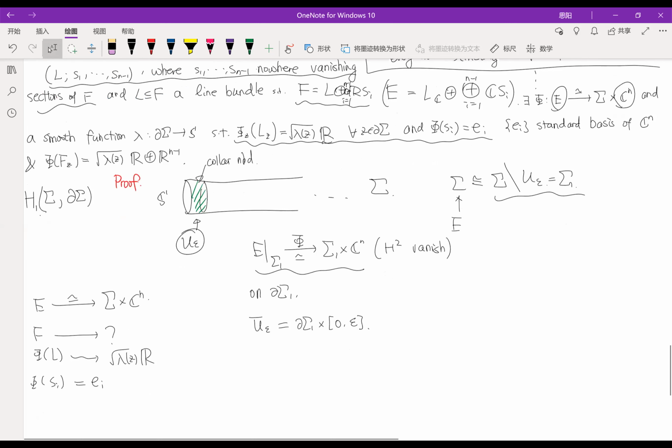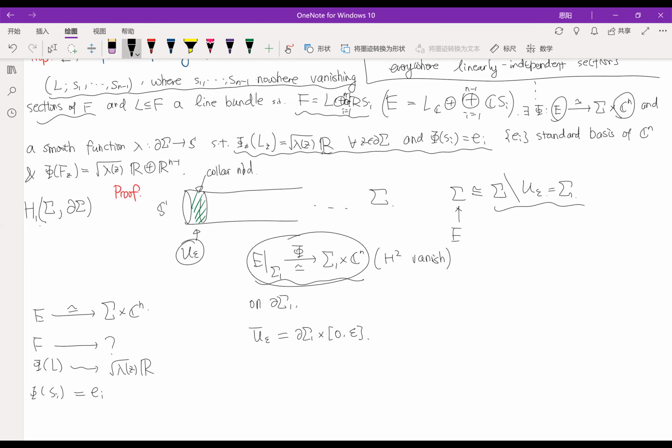We need to glue them together. One is phi 1, and another is on the cylinder, so we need to do the deformation on the cylinder.